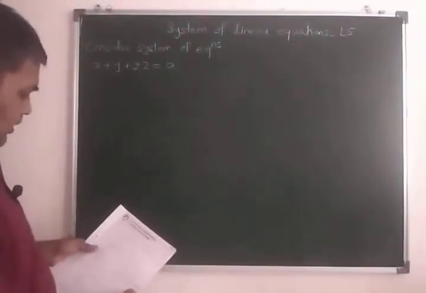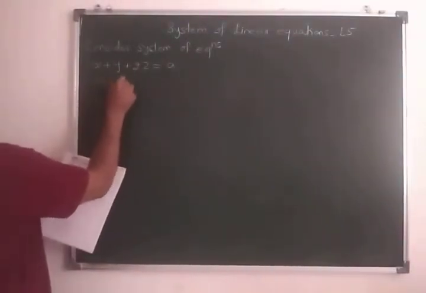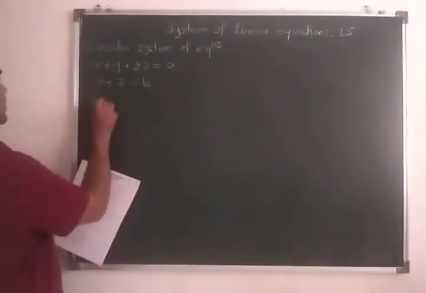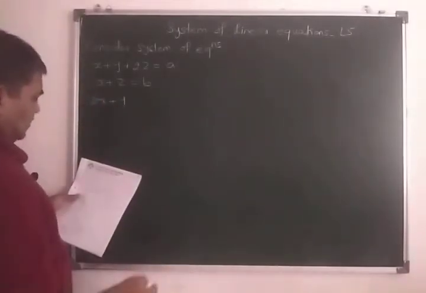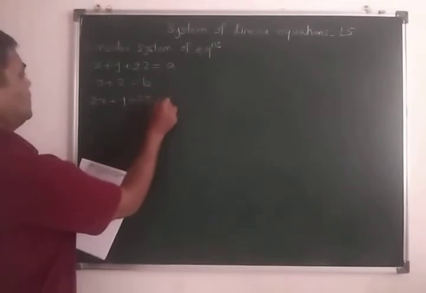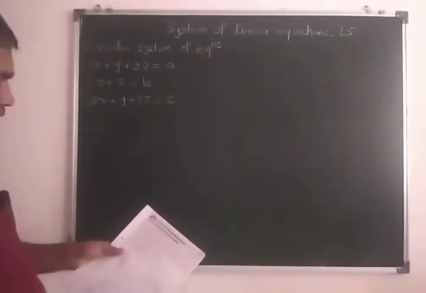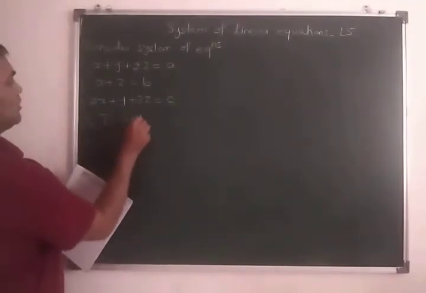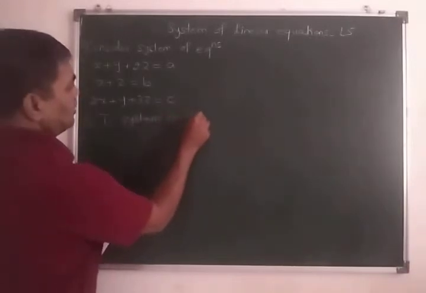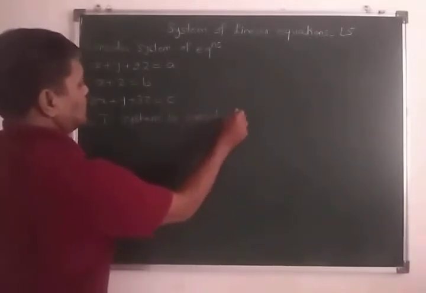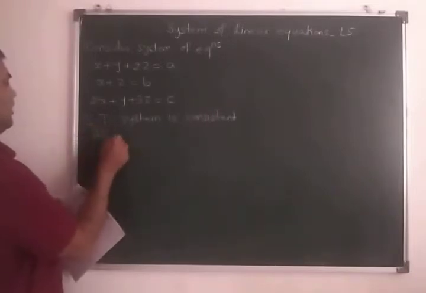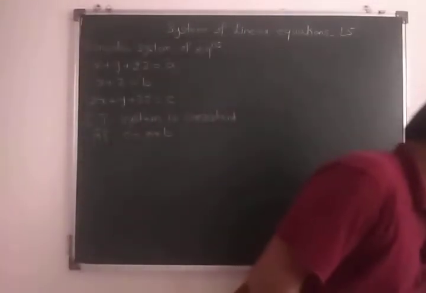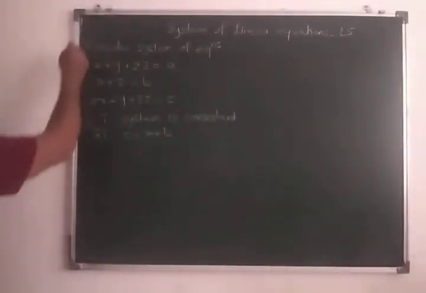Second equation is x plus z equal to b, and third equation is 2x plus y plus 3z is equal to c. So that system is consistent if and only if c is equal to a plus b. So this is our example.